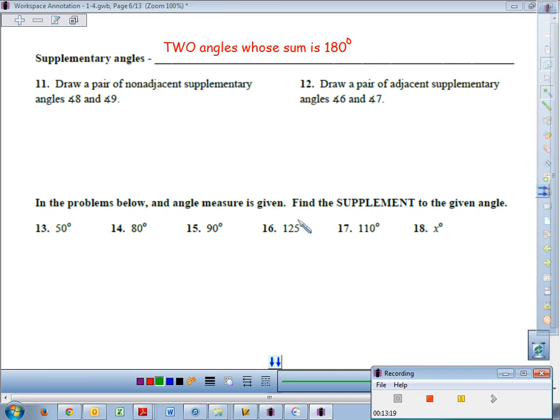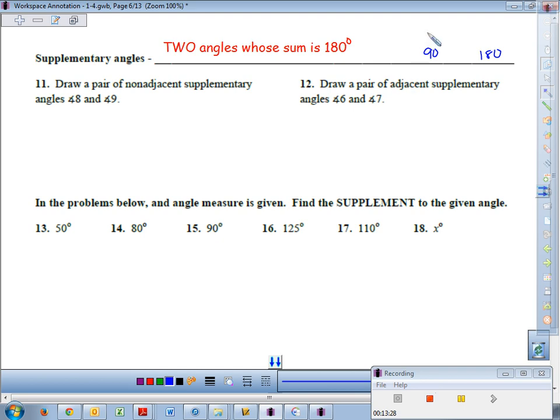The problem that we have now is we get messed up with complementary, supplementary, and 180 and 90. It's like, oh my goodness, I can't remember which one goes with which. Here's a little secret that I've learned over my years. If I put the 2 numbers in numerical order, doesn't 90 come first before 180? Cool? If I put the 2 words complementary and supplementary in alphabetical order, doesn't C come before S?